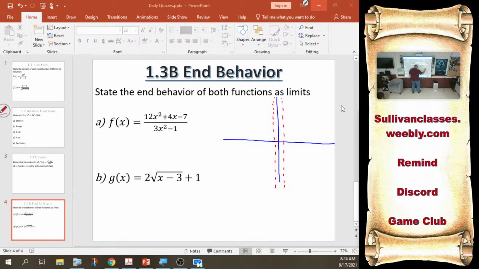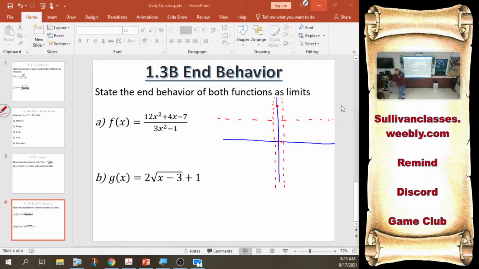And then you'll have a y-intercept at 7 and a horizontal asymptote at 4. Okay, seeing if I remember stuff. Well, that doesn't make sense.